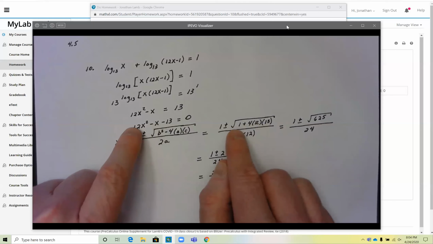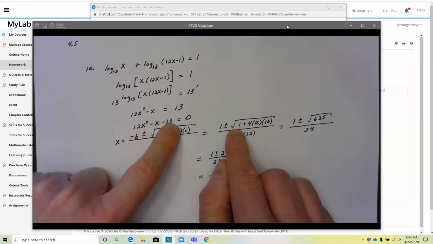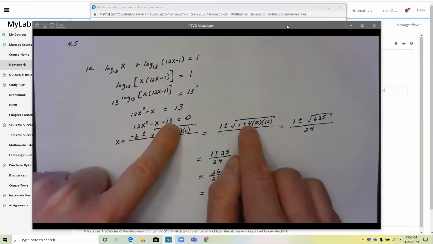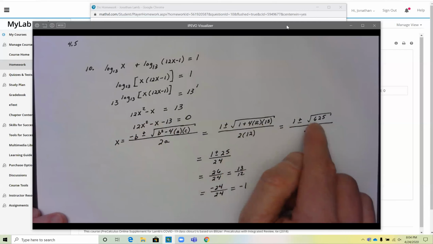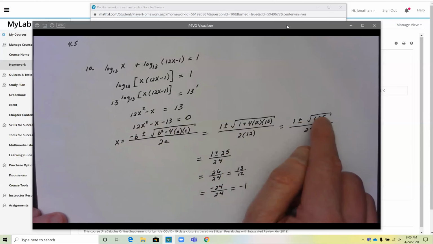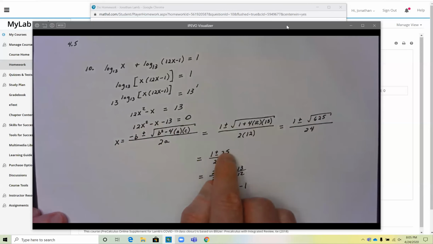Well, I notice minus 4 times 12 times negative 13. If you subtract a negative, you might as well be adding a positive. 4 times 12 times 13 gave me 624. I added 1 to that to get 625. Now that 625 is a perfect square, it's 25 squared, so the square root of 625 just gave me 25.